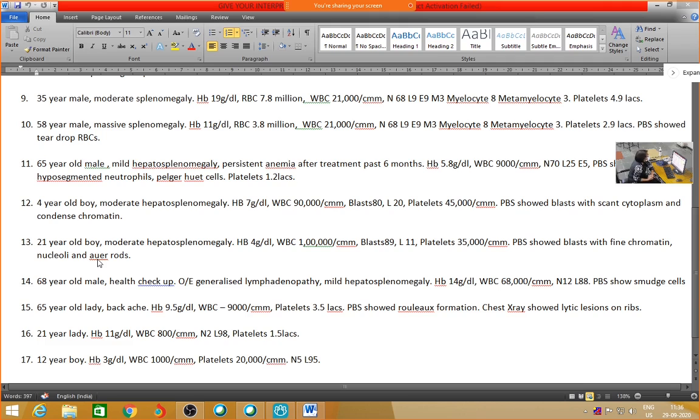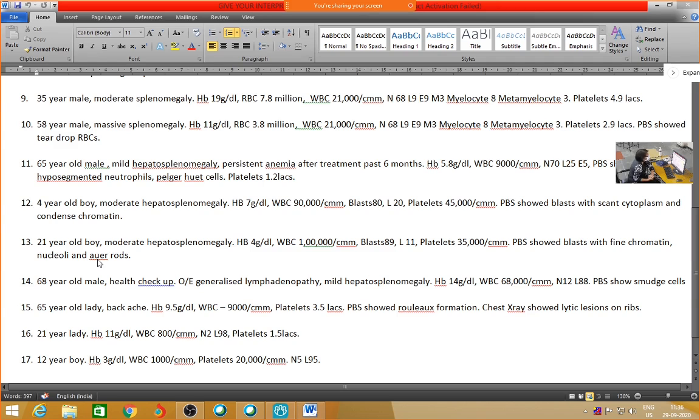But the type which matters to the therapy is only the AML M3. Okay, AML-M3 is an acute promyelocytic leukemia. So this is important because it has got a very different genetics behind it.